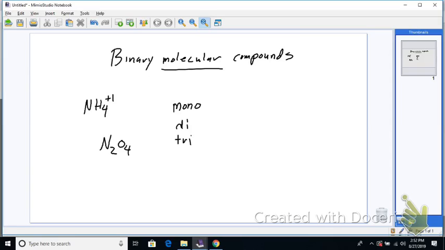Tri. This is one sometimes people forget. Tetra. What's 5? Penta. Hexa. Hepta. Octa. Nona. And deca.